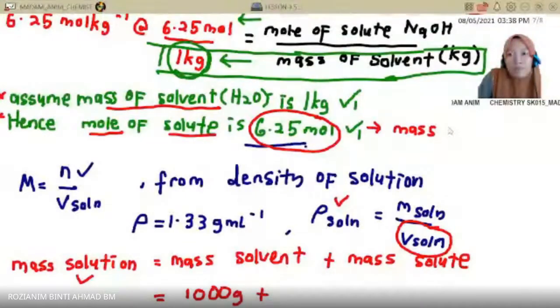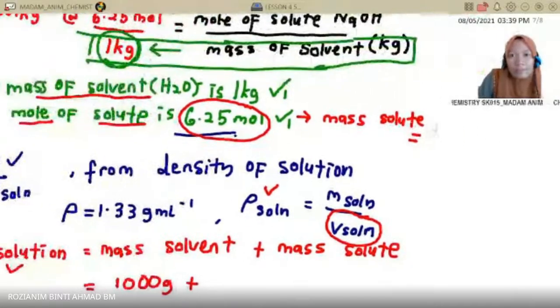Okay, so the mass of solute equal to, mole sama dengan mass over molar mass.